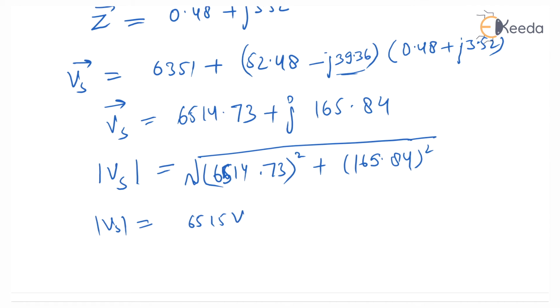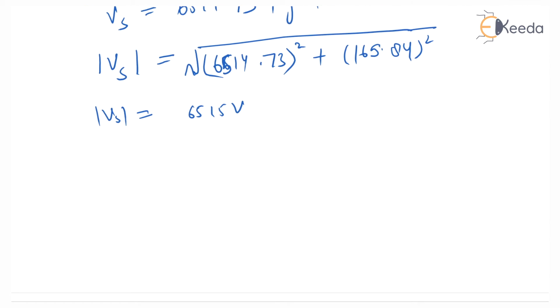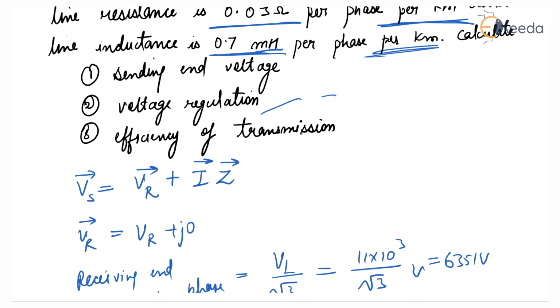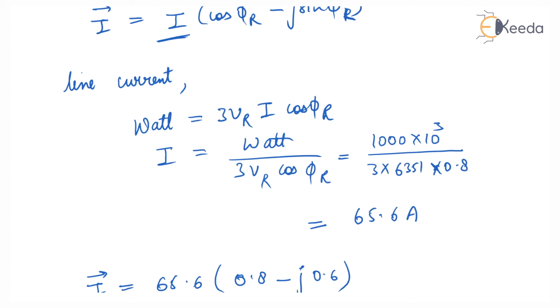So the magnitude of Vs is 6515 volt. Now second, we have to find out the voltage regulation. Voltage regulation is equal to Vs minus Vr by Vr.